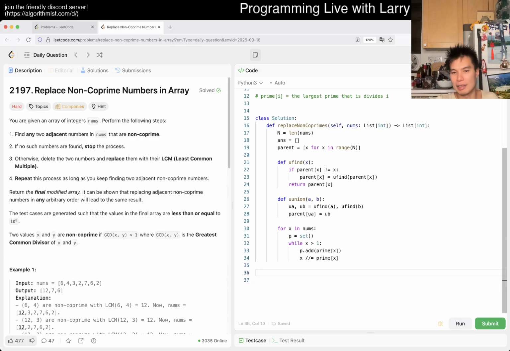So then now you can say, maybe we'll just make this a list and then just write for i in range of length of P, from the first element, you can do a union of P sub 0 and P sub i. And that basically unions all the primes.